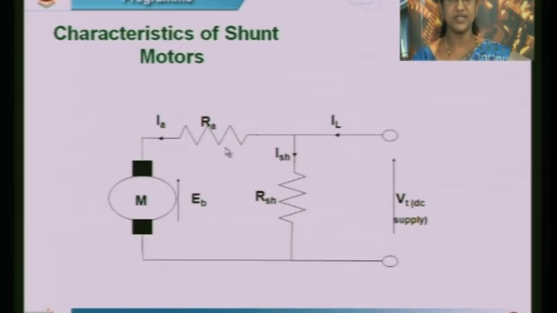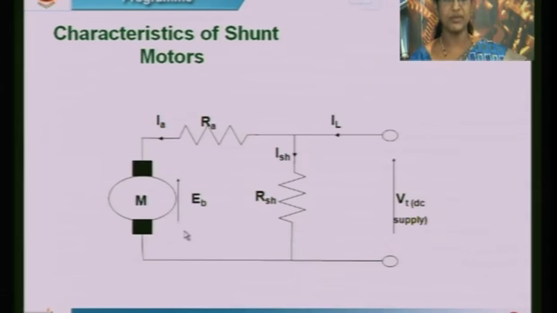The small value of armature resistance is represented here, or you can leave it out, which indicates the armature has a very small internal resistance. The shunt field winding is connected across the armature, and then the supply is given. IL is the current drawn, and IL is equal to ISH plus IA.